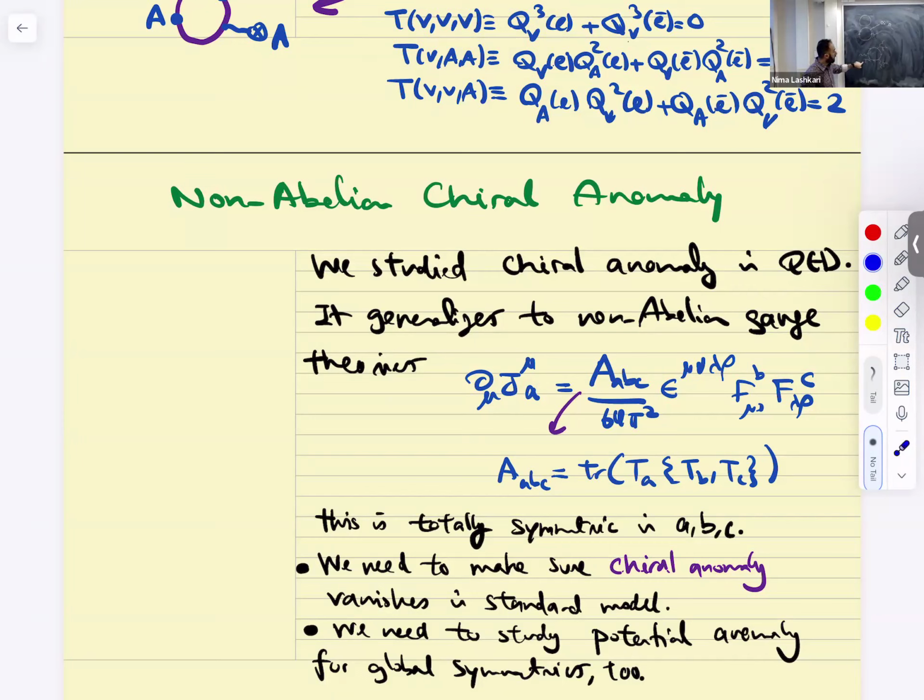Now, when you have an abelian setup, your irreps are one-dimensional, but your representations are reducible, right? So this is like Q1, Q2.